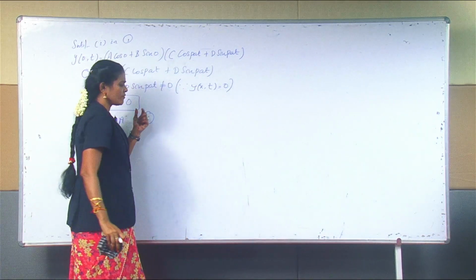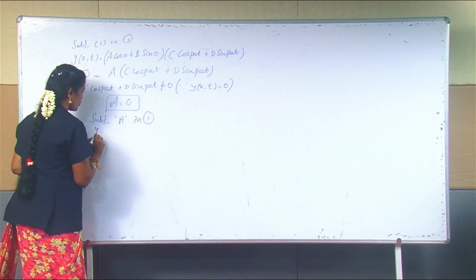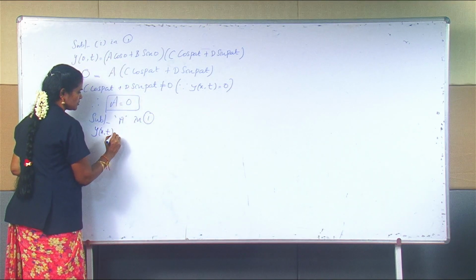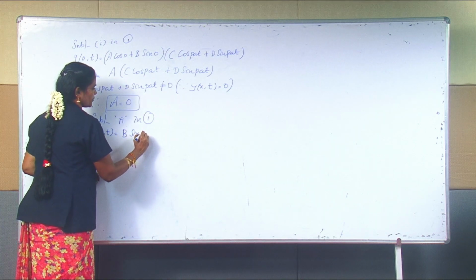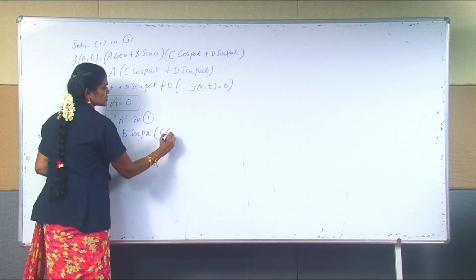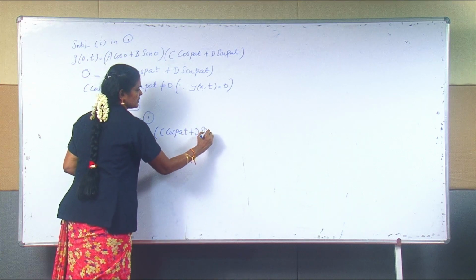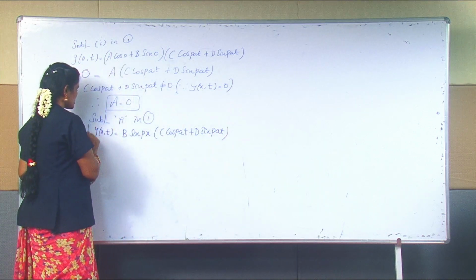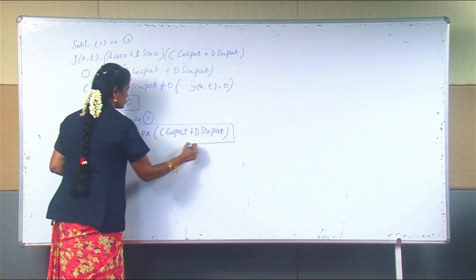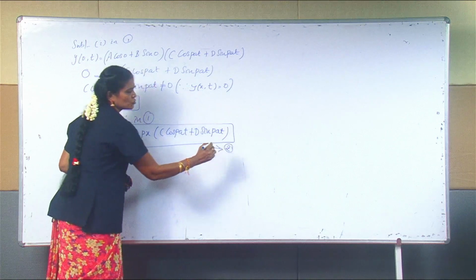If you substitute a equal to 0 in the correct solution, it becomes y of x comma t equal to b into sin px into (c cos pat plus d sin pat). So, now this is our correct solution. You have to mark this reduced solution as equation number 2.